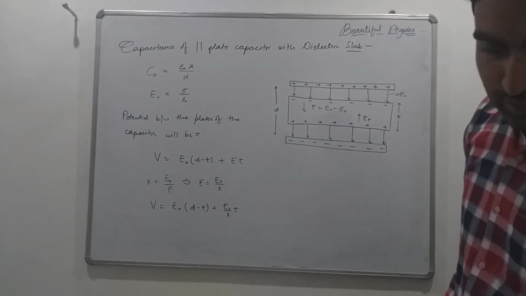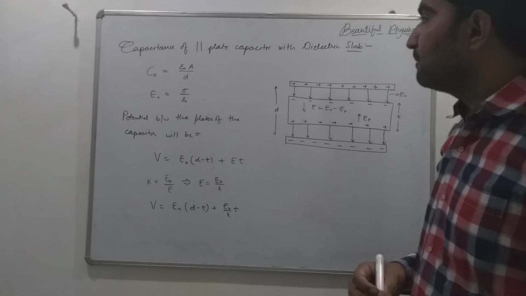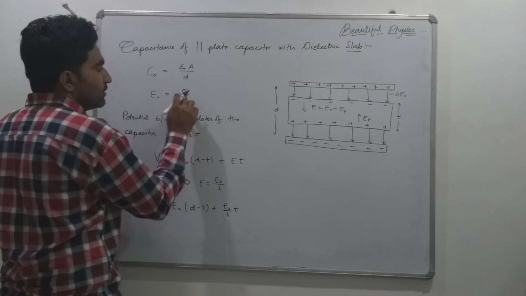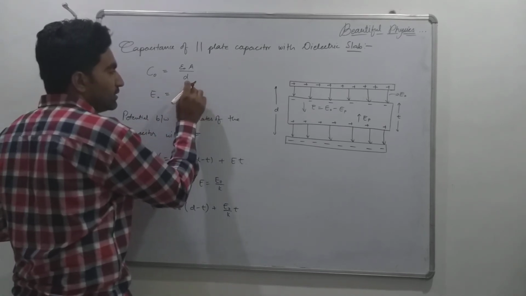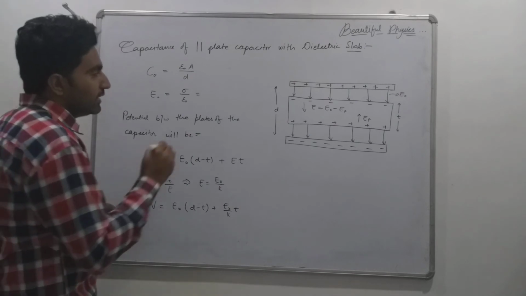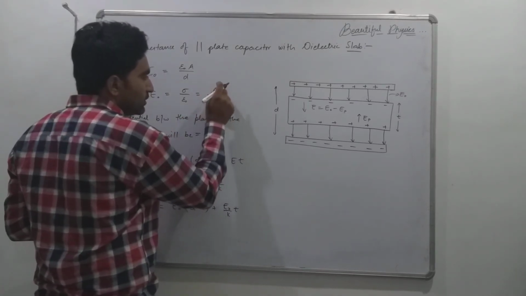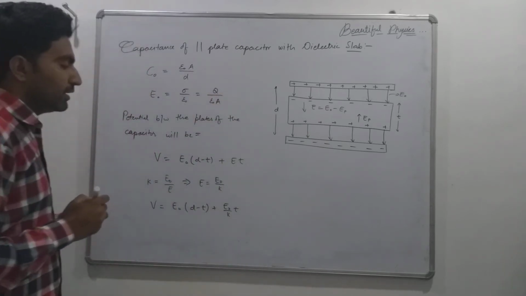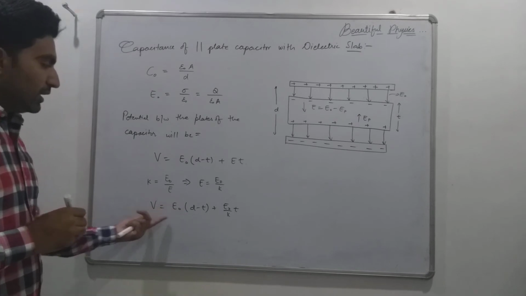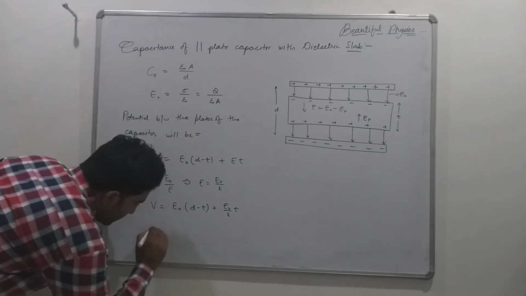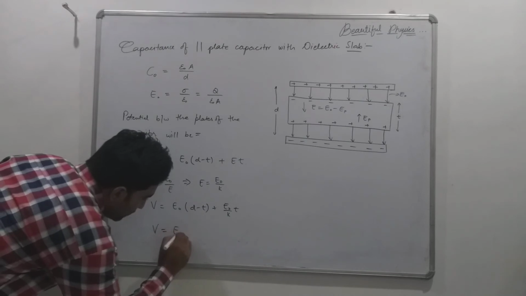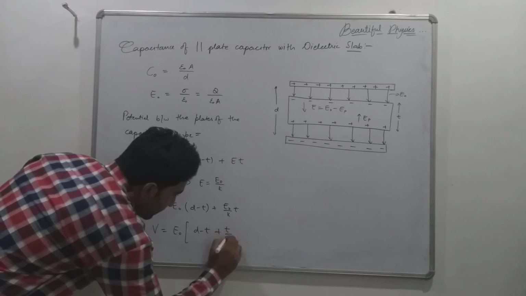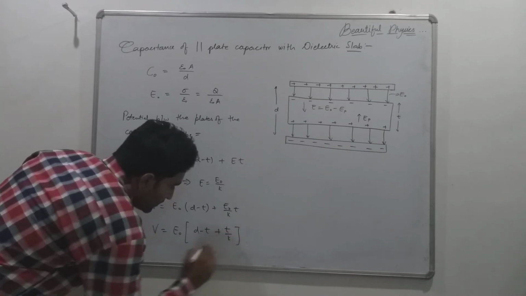E naught is equal to sigma by epsilon naught, and sigma is the surface charge density, equal to charge per unit area, so Q upon area A. E naught can be taken as common, so V is equal to E naught into (d minus t plus t by kappa).